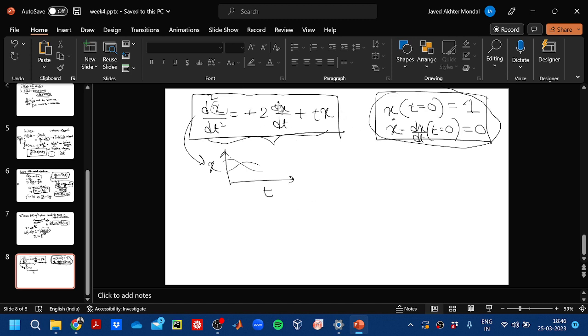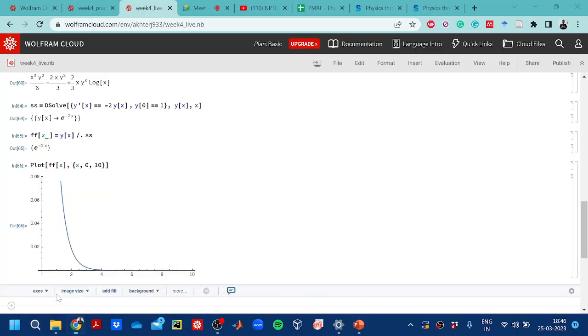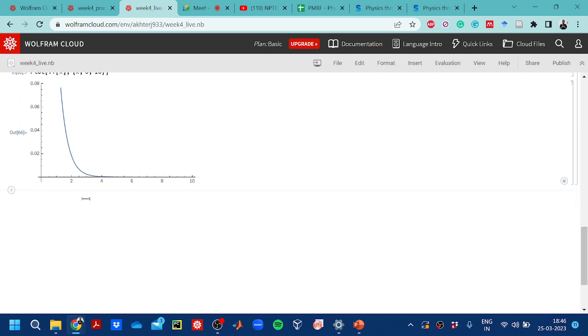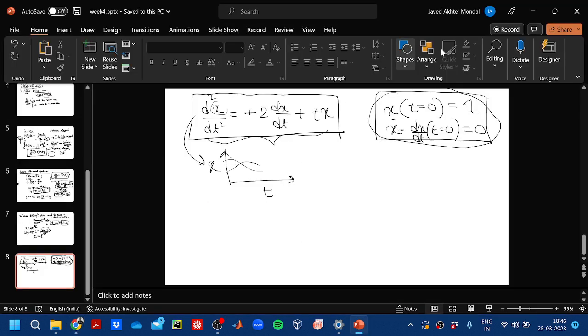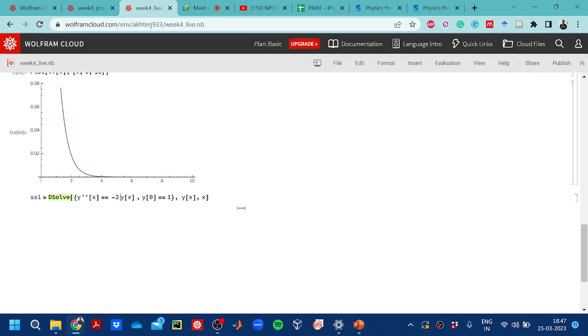So let us write down this function. It is a second order differential equation. So write down here: we have a double derivative. This is our first term, and here we have 2 dx/dt, which will be the first derivative, and you have another term.